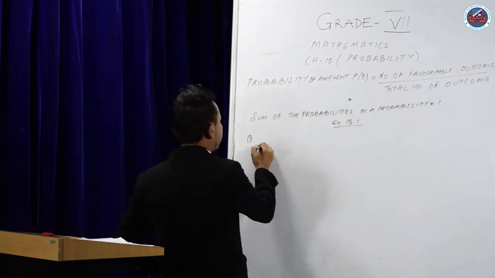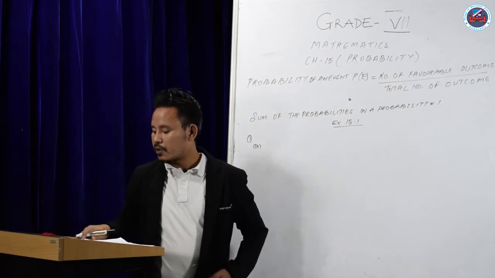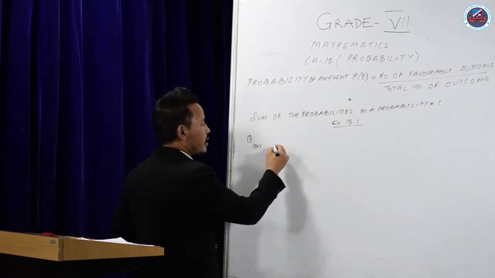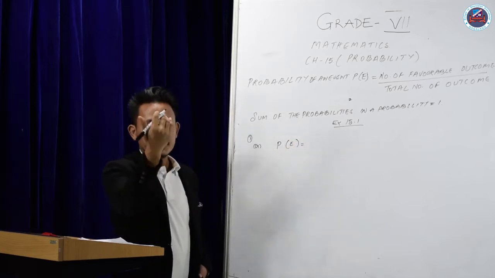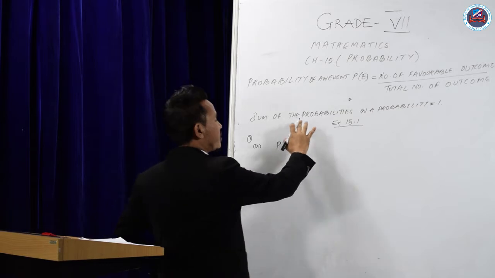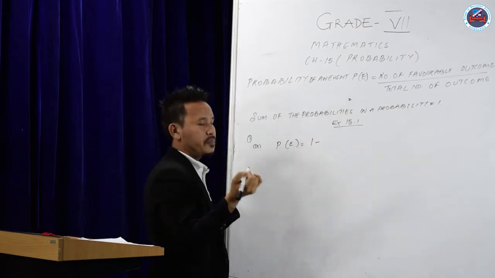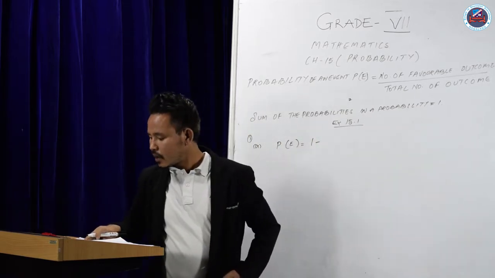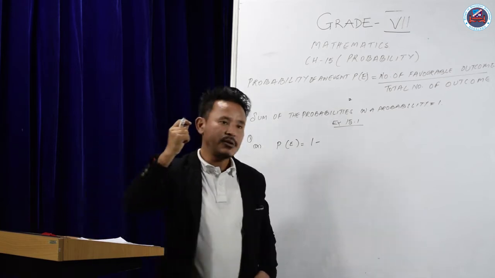So number 1, A. We are asked to find the probability that it will not be colder today than it was yesterday. So that means the probability of the event that it will not be colder today. The sum of the probabilities is 1, so 1 minus, when we look back, the probability that it will be colder today than it was yesterday is 0.7.